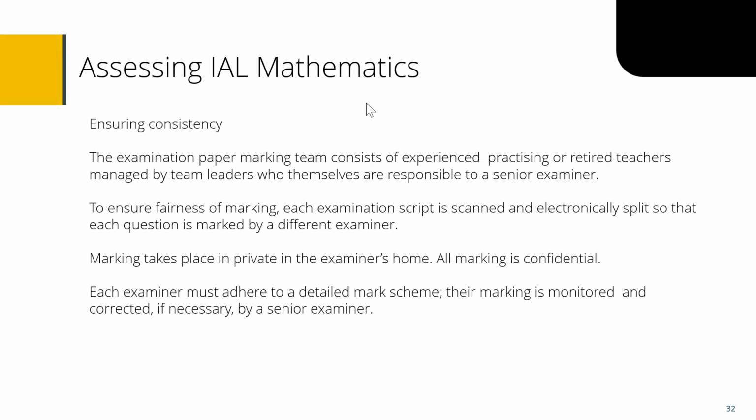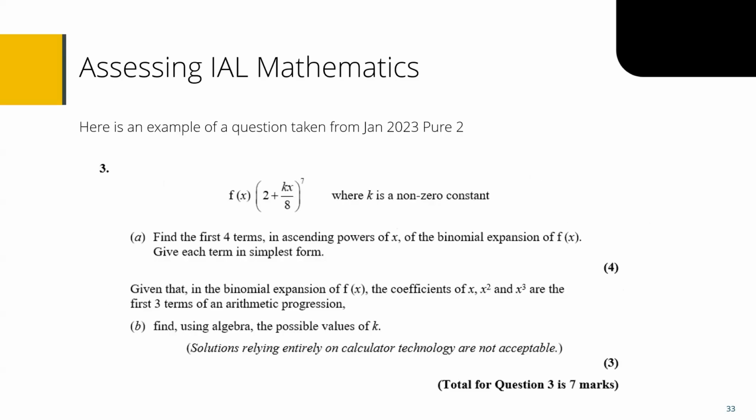Now, let's have a look a bit more at how the marks are allocated and what they mean. We look at this example here from January 2023 from Pure 2. At this stage, I'd also like to mention at the bottom here in brackets, you have "solutions relying entirely on calculator are not accessible."